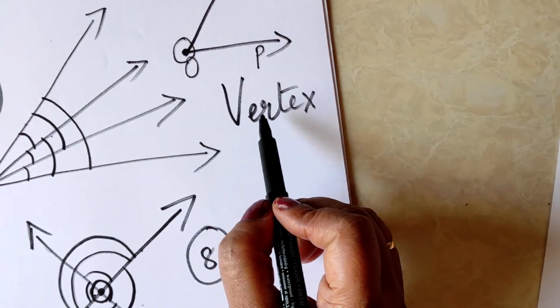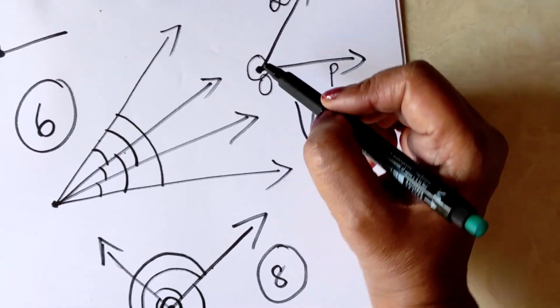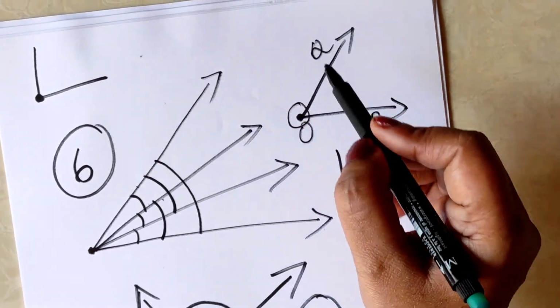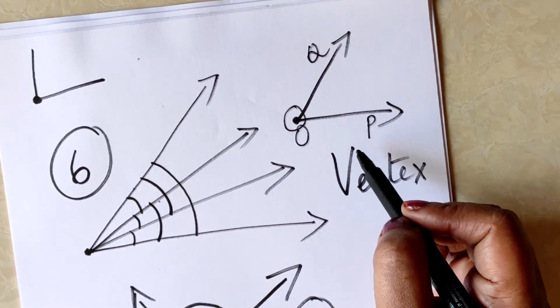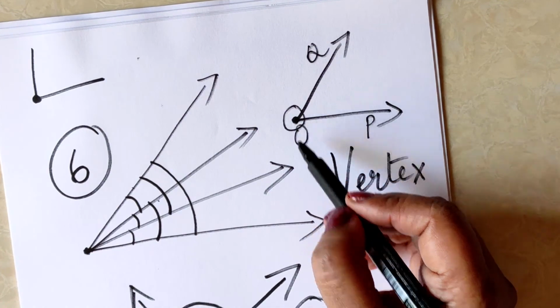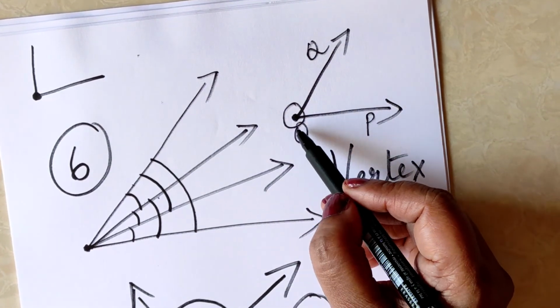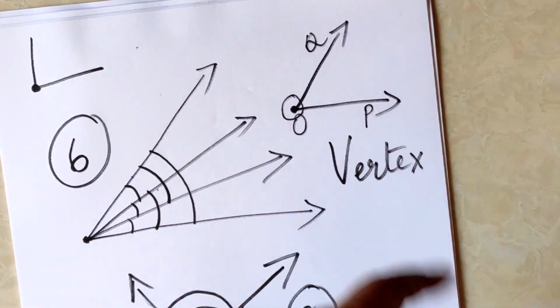Now OP is a ray or arm. OQ is a ray or arm. So remember, there are 2 arms and 1 vertex. What are the 2 arms? OQ, OP. What is the vertex? Vertex O. Any name, whatever it is given for this point, that is called vertex. And these 2 are arms.